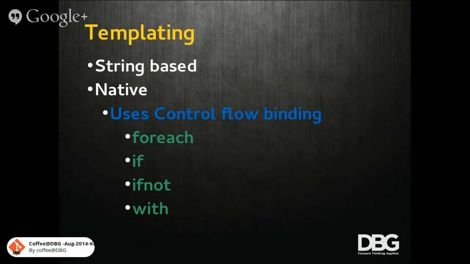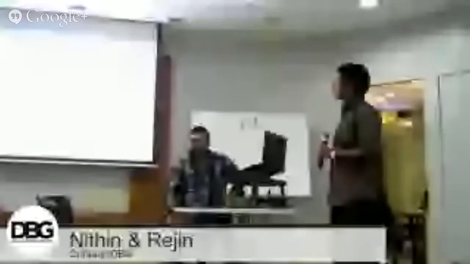As you know, Knockout is flexible enough to incorporate third-party libraries into a project, so we can use third-party templating engines like Handlebars and jQuery templates. We can also use native templating with Knockout. For that, there are templating control flow bindings like foreach, if, not, with, and we will see how they work.